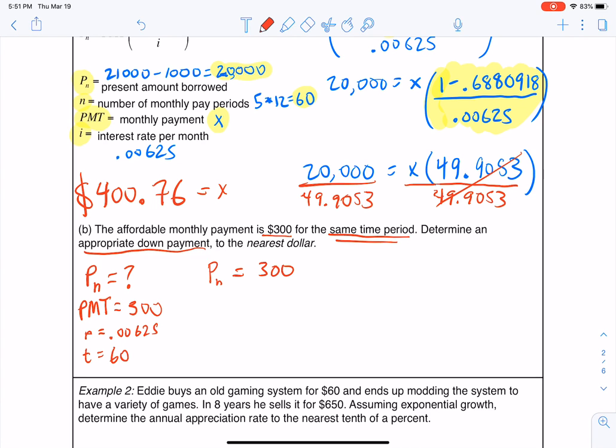Let's see if I can circle it for you. That's going to be the same, because that's all based on the rate and the time period. I could do it a second time if I wanted to, but I don't have to. I'm going to end up with 49.9053.